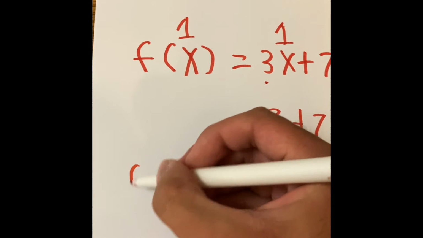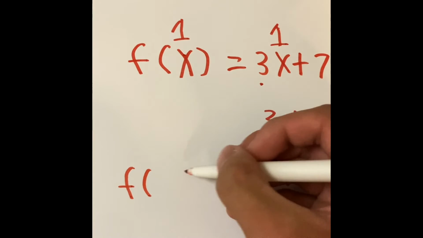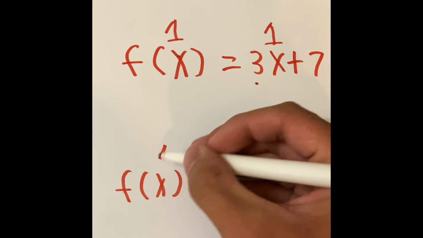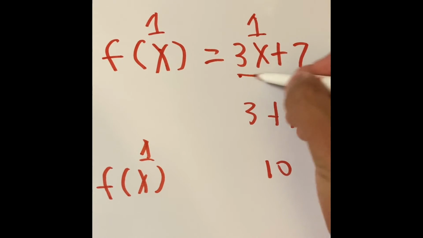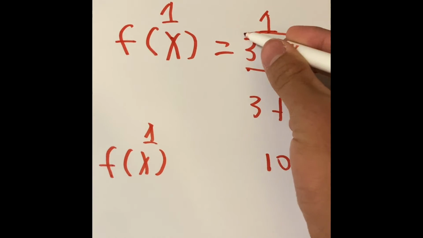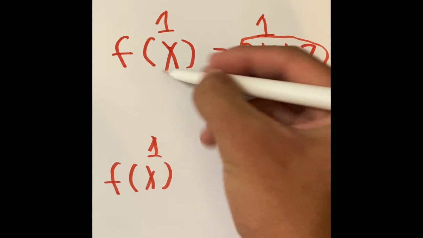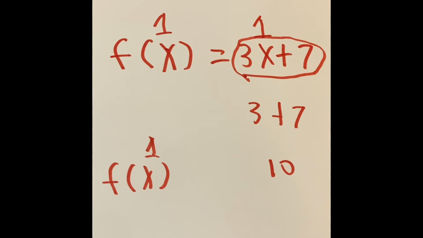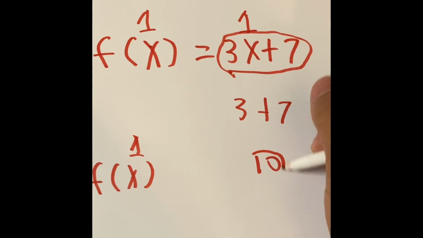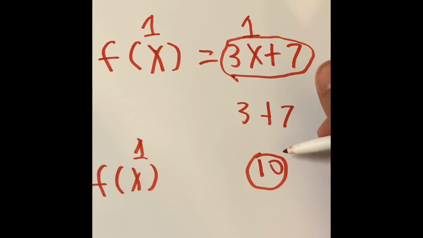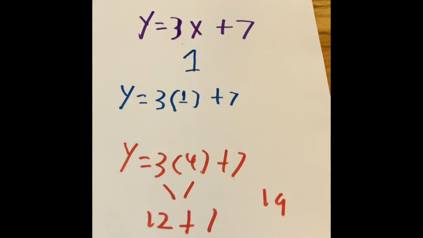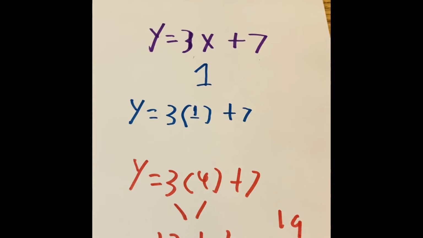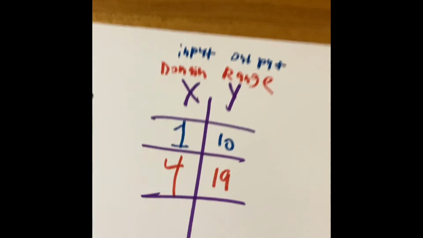We're going to say the function of x as 1 is going to equal 10. You don't explain this part because it will be written right next to your f and your x sign. So we got 10 as our range or output, which is the same thing we got for our y equals mx plus b problem. Let's look at one more.